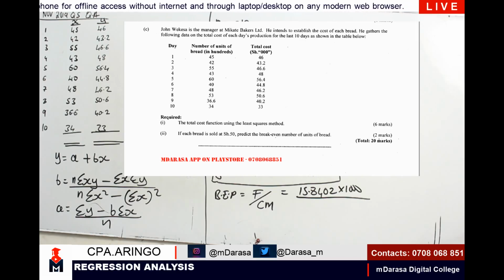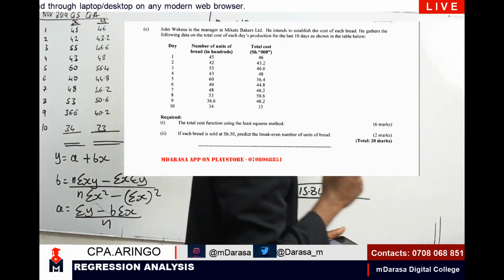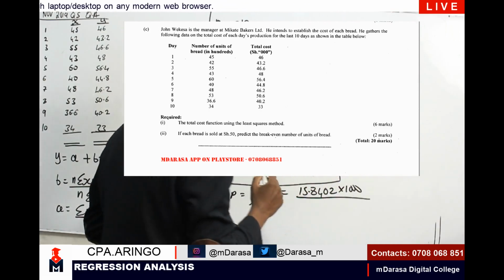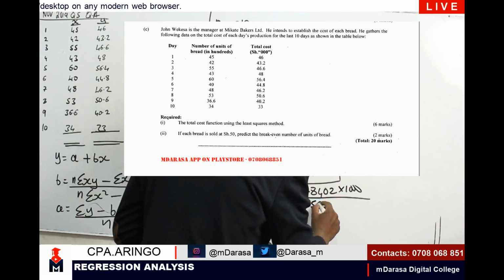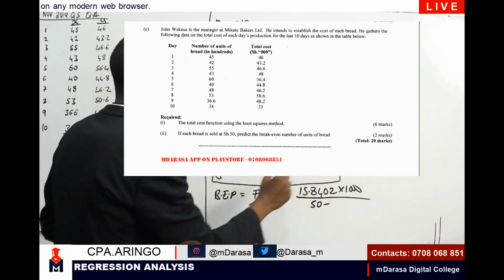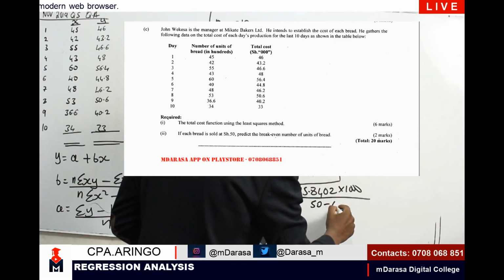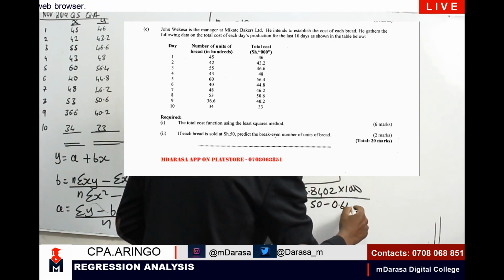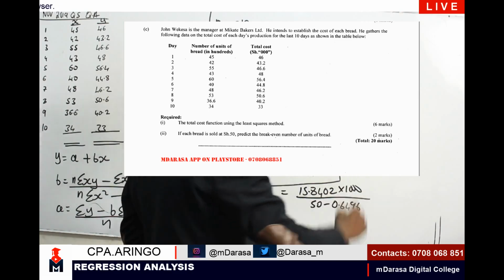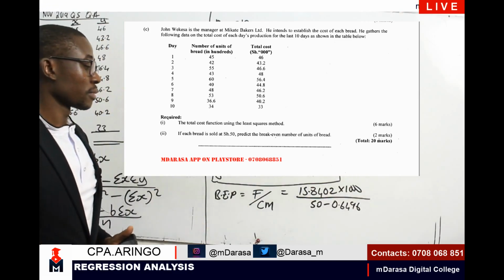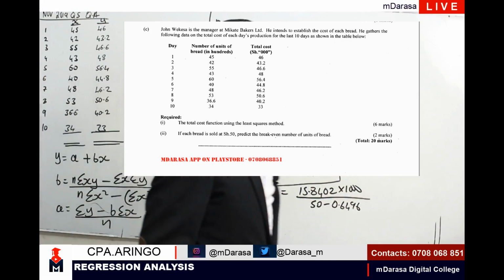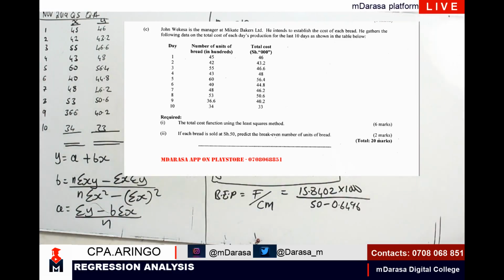That will be very simple, because our variable cost, you know very well, we are going to take 50 minus our B that we've determined, 0.6496. So whatever figure that I'll be having, that will give us what? Our break-even point.